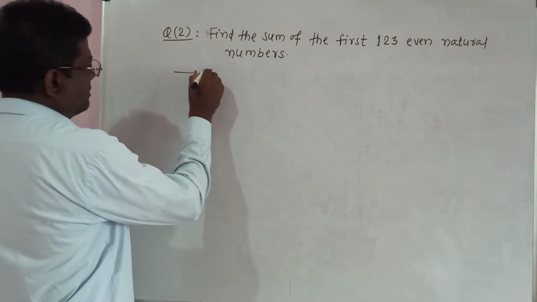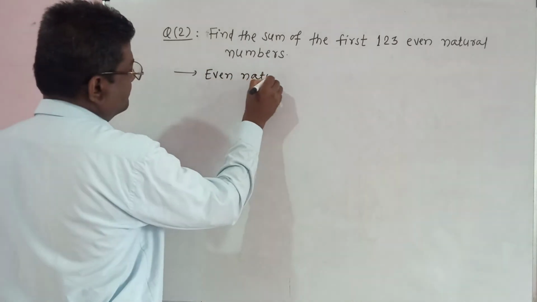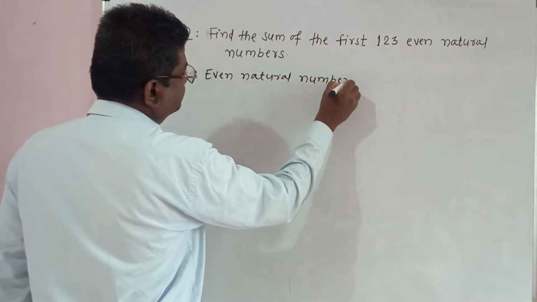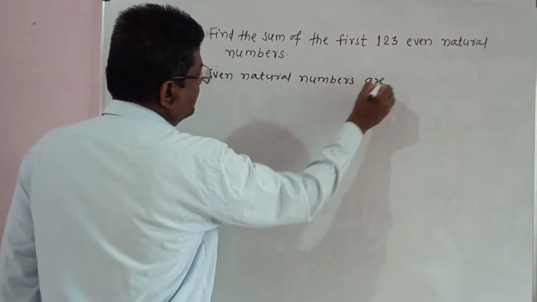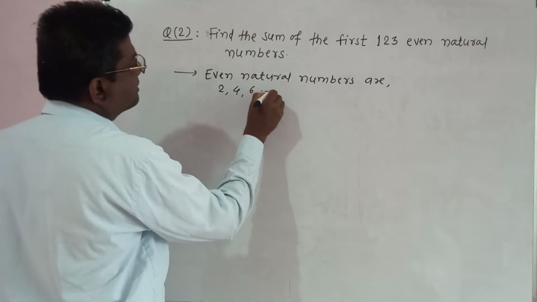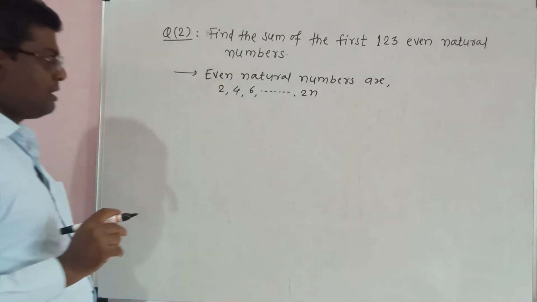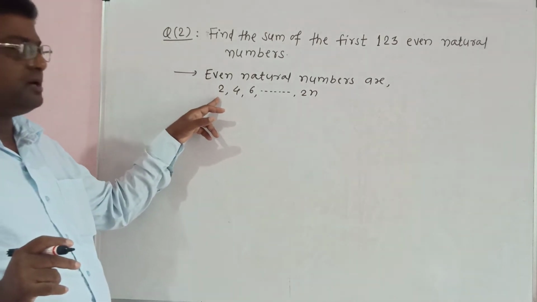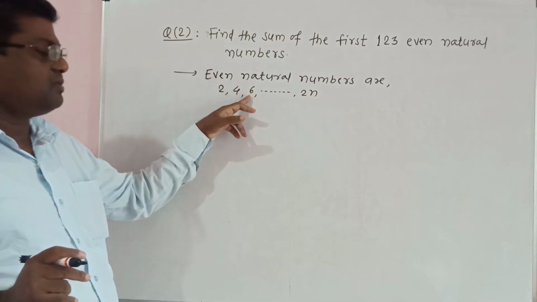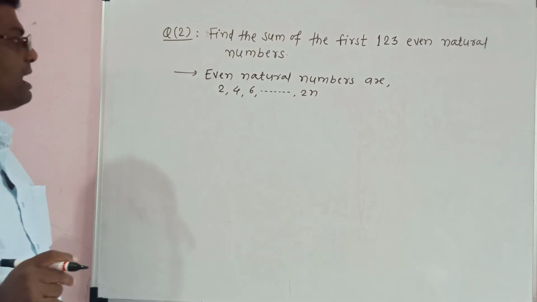So the even natural numbers are 2, 4, 6, up to 2n. The first number is 2 into 1, the second number is 2 into 2, the third is 2 into 3, and the last number will be 2 into n.